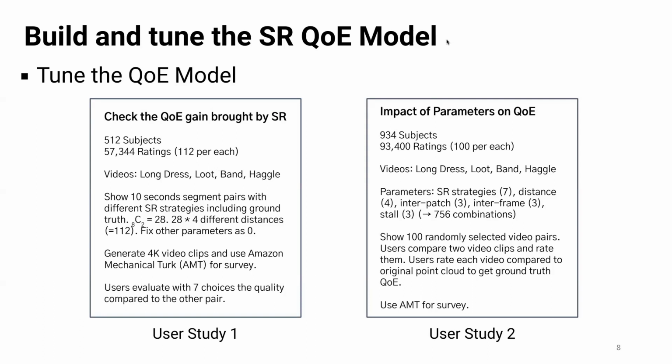For 28 combinations, they also consider the distance from the point cloud, and there are 112 cases for each user to report their experience. So for each pair, they could rate whether, of the left and right videos, which one is better and how.